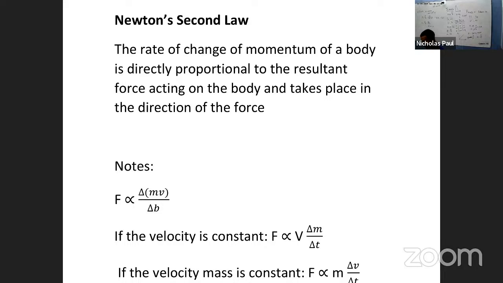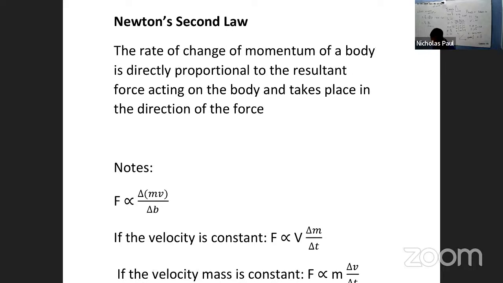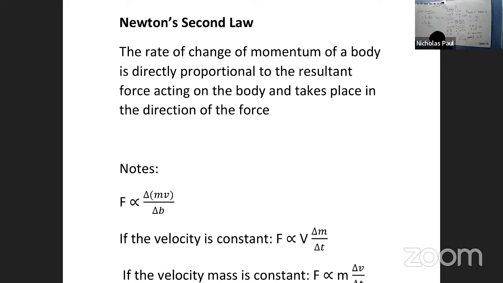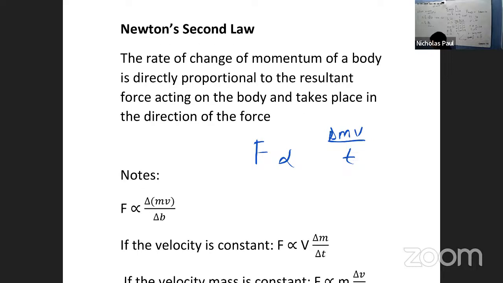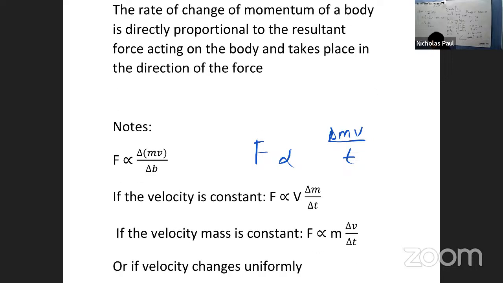Newton's second law: the rate of change of momentum of a body is directly proportional to the resultant force acting on the body and takes place in the direction of the force. I have a small error there. That should be change in momentum with time. So force is proportional to the change in momentum over time.